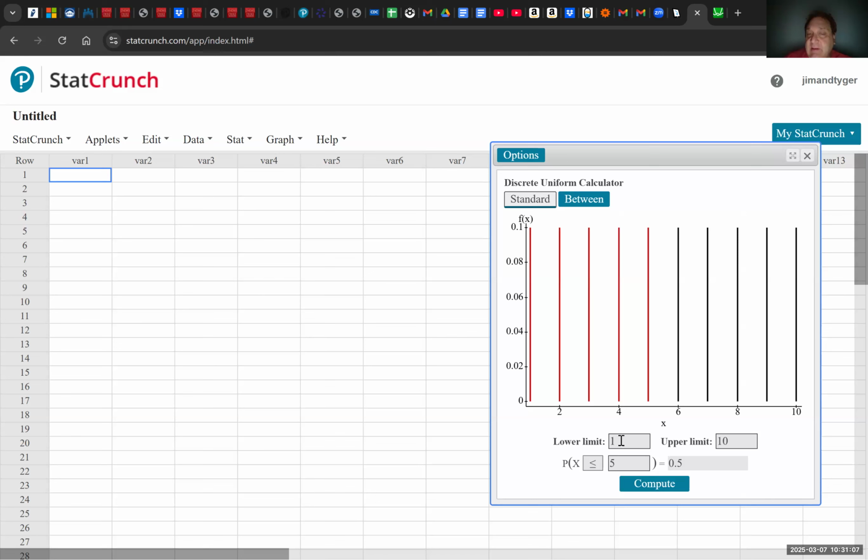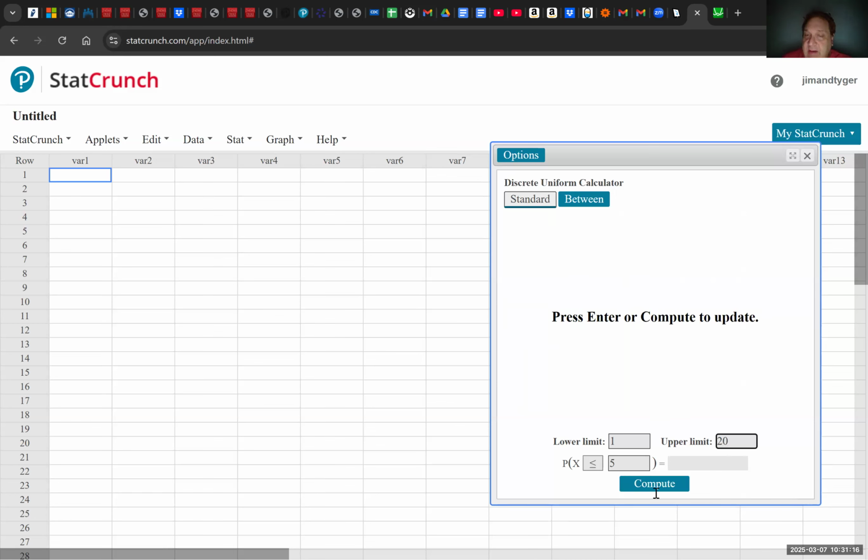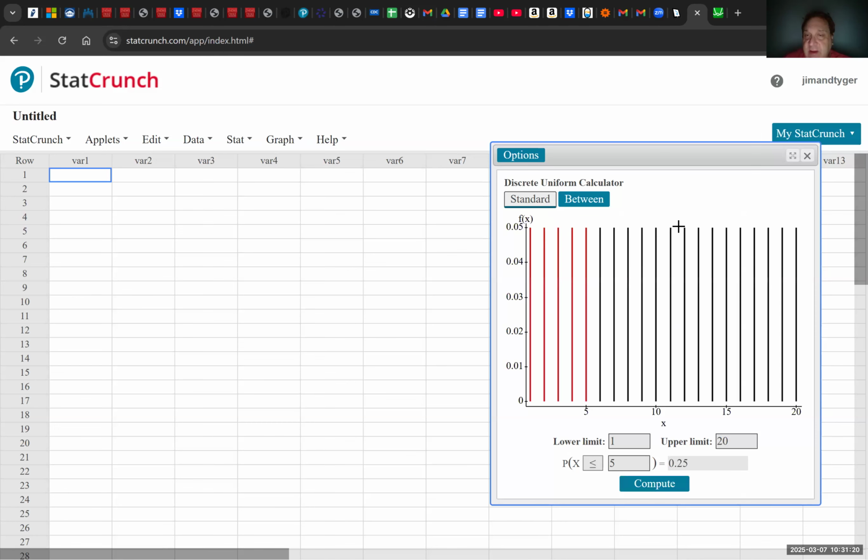For my die, the lowest number I can roll is 1, but the highest number is not 10. The highest number is 20. I can just leave this for the moment. You'll see the rectangular uniform distribution, 1, 2, 3, 4, 5, just like I have on my paper. I'm looking for the probability that the number is greater than 12.